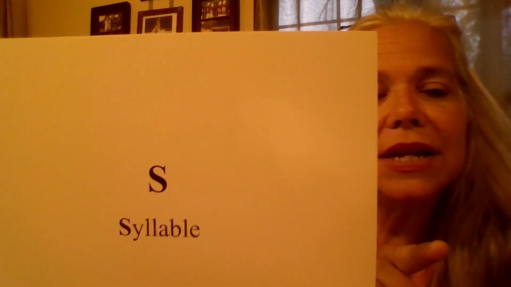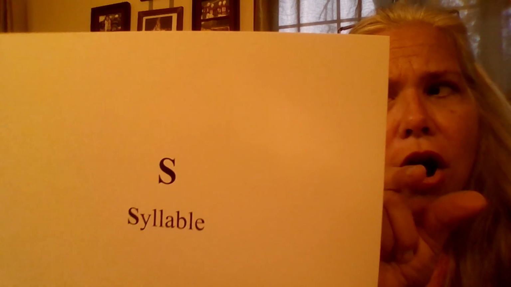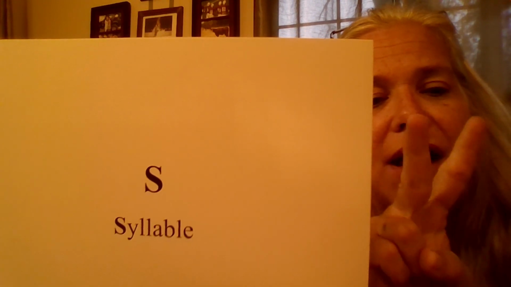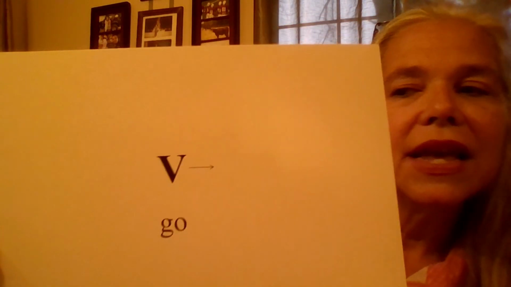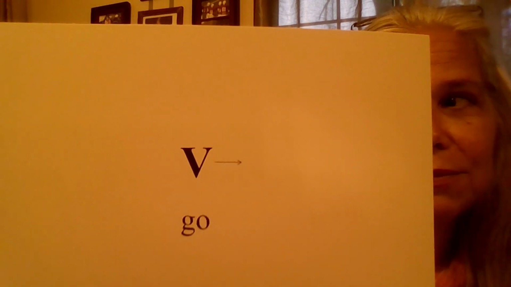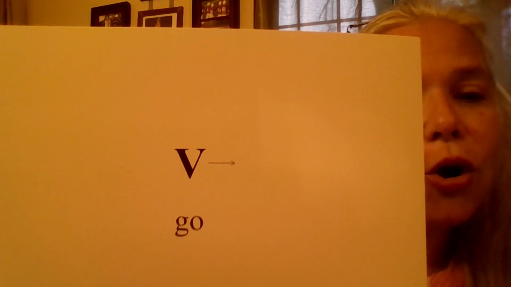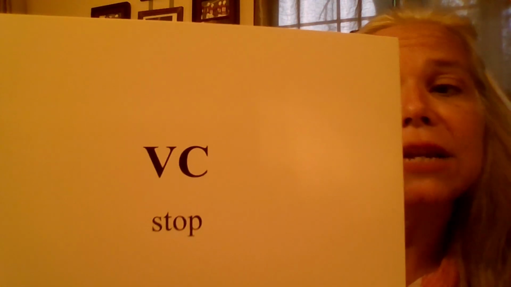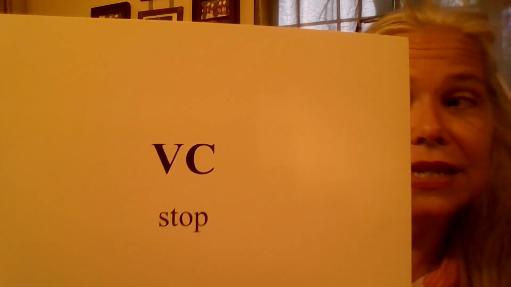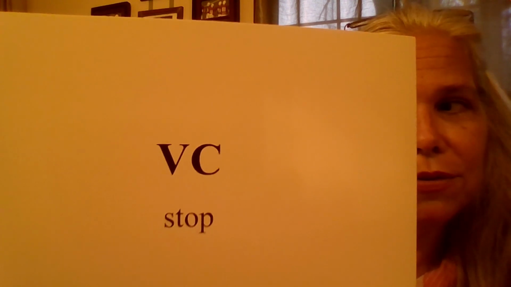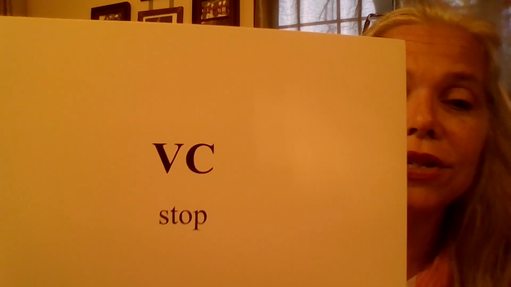A syllable is a word or part of a word with one vowel sound. If a syllable ends with a vowel, it's called an open syllable because vowels are open sounds. If a syllable ends with a consonant, it is called a closed syllable because consonants are closed sounds.